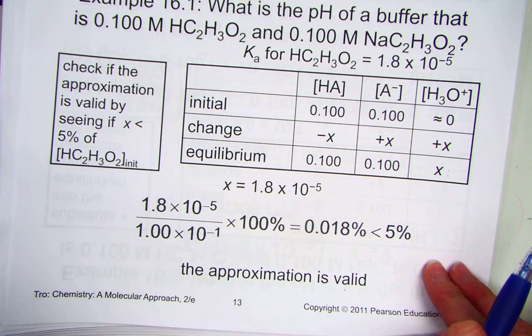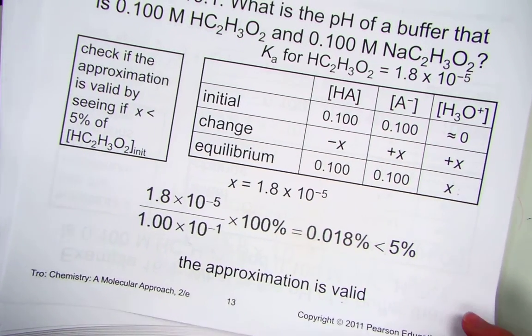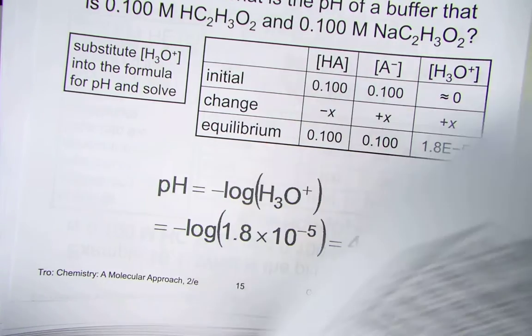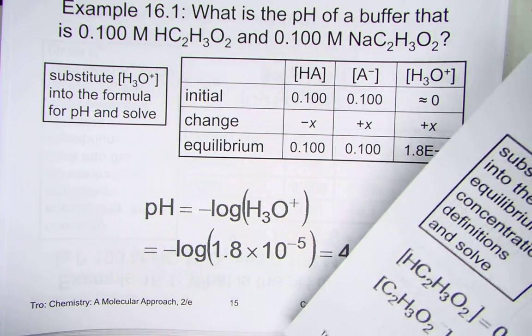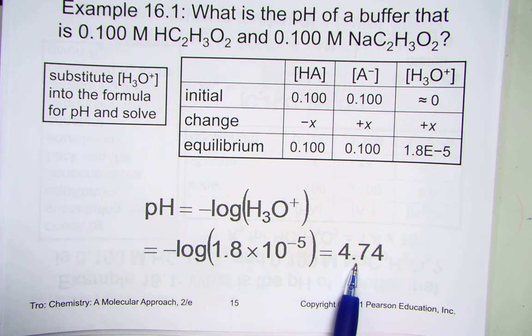We'll toss out the minus x and plus x and make the math simpler. Negative log that Ka value, and we'll come up with our pH, 4.74 pH units.